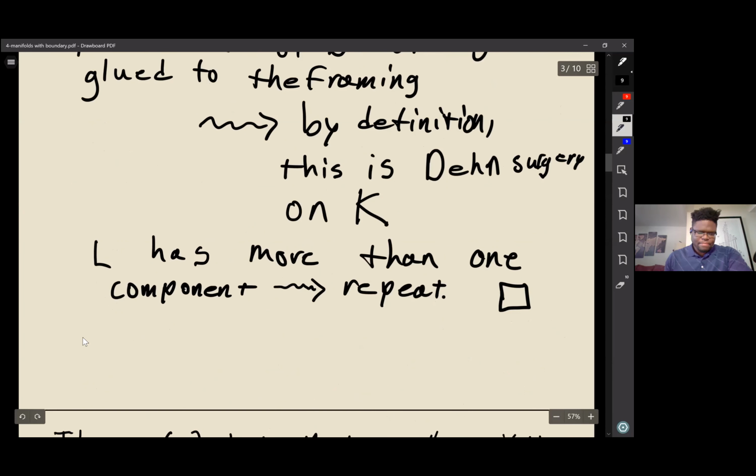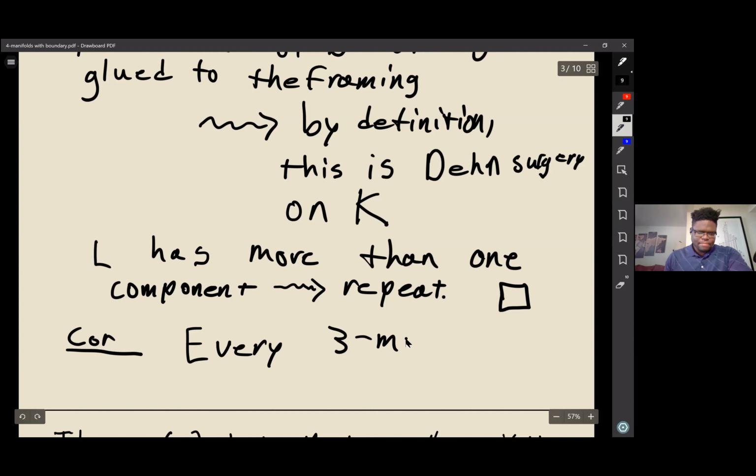Okay, so one nice corollary of this theorem that we've just proved is that every three-manifold is cobordant to S3.